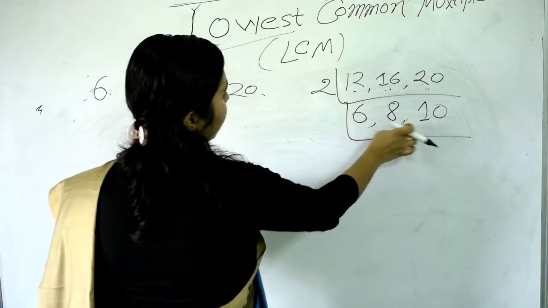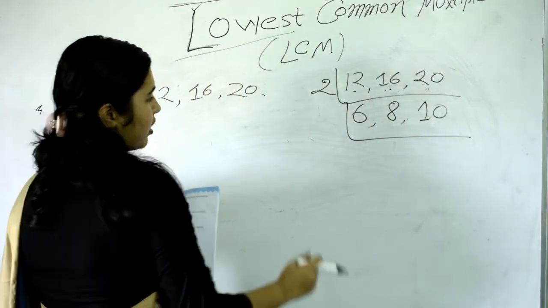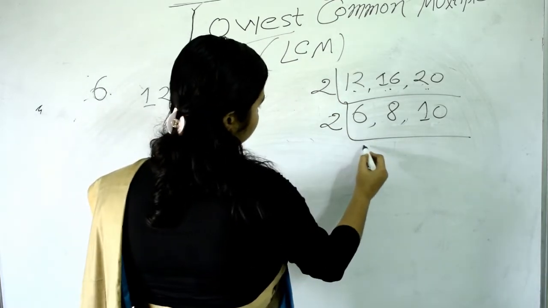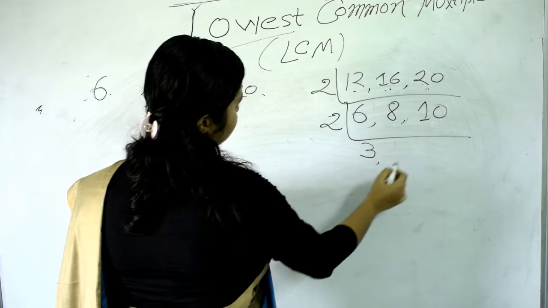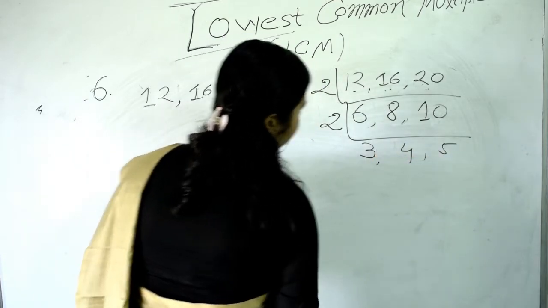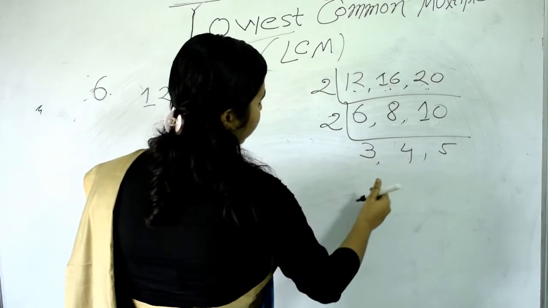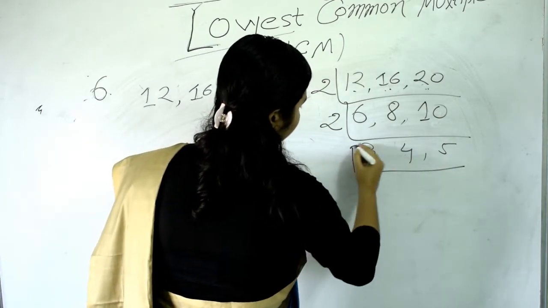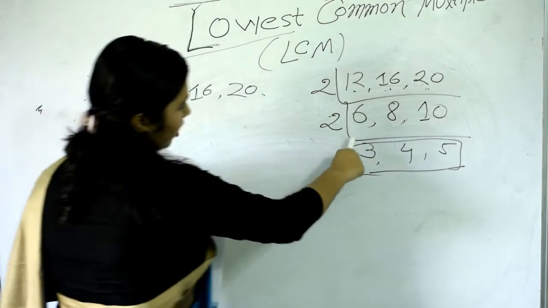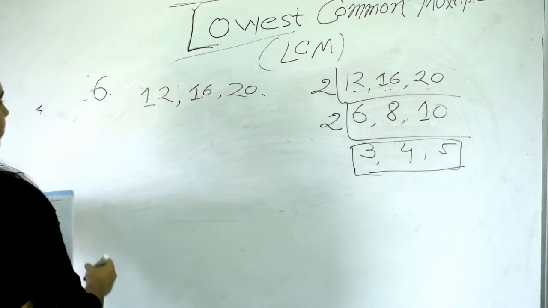Next, 6, 8, 10 are also even numbers, so take 2 as a factor. So 2 3s are 6, 2 4s are 8, 2 5s are 10. Now 3, 4, 5 are all prime numbers, so we don't have to divide further.